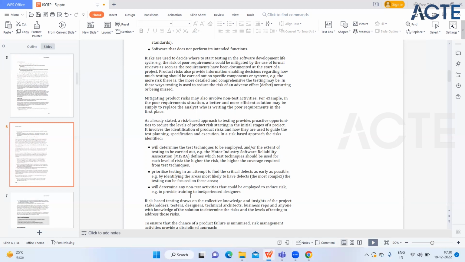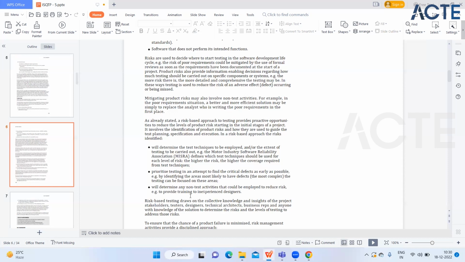Example, to provide training to an inexperienced designer. If you have not provided the proper training to the designers, and you're just expecting them to do it on their own, then it's not a good idea. You have to provide proper training, and it's also the responsibility of designers, devs, testers, everyone in the team to share information.